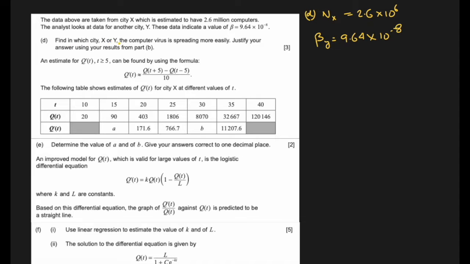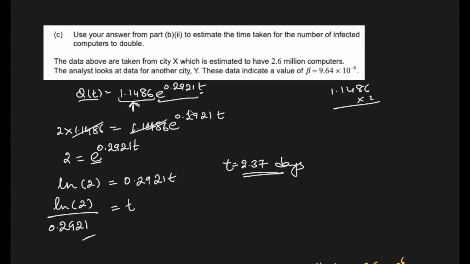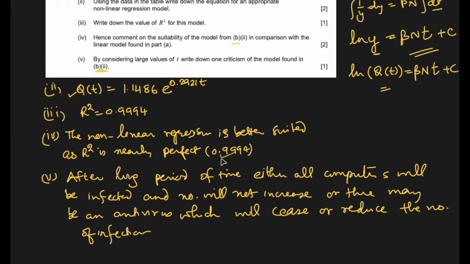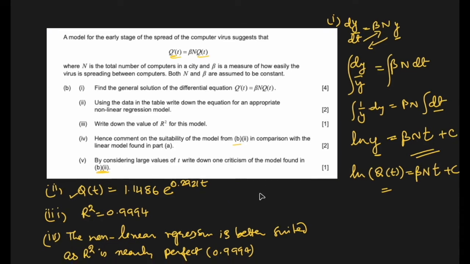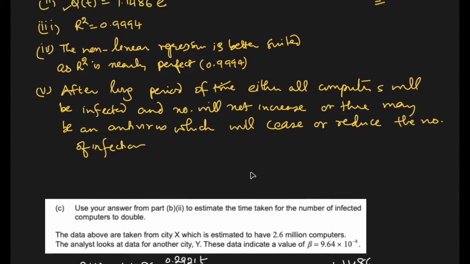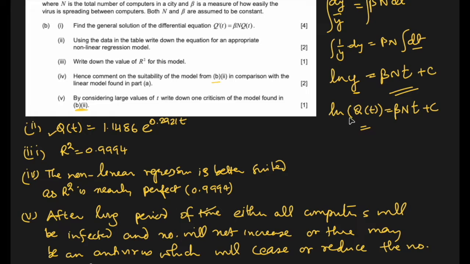Find in which city X or Y the computer virus is spreading more easily. Justify your answer using results in part B. So we know beta for Y, and beta is a measure of how easily the virus is spreading. That means if beta is more, the virus is spreading easily.